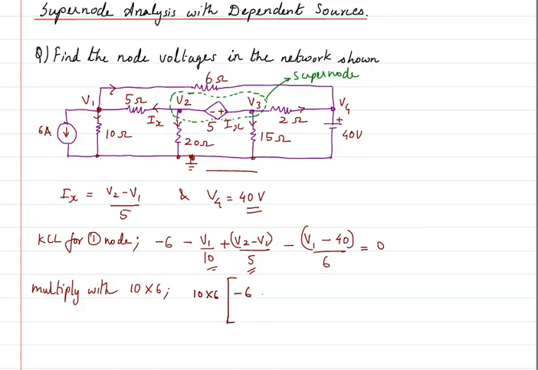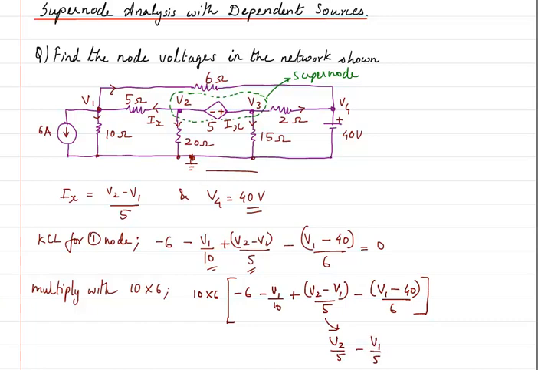Okay. So minus 6 minus V1 by 10 plus (V2 minus V1) by 5 minus (V1 minus 40) divided by 6. Sometimes I open up the bracket and write this one as V2 by 5 minus V1 by 5.